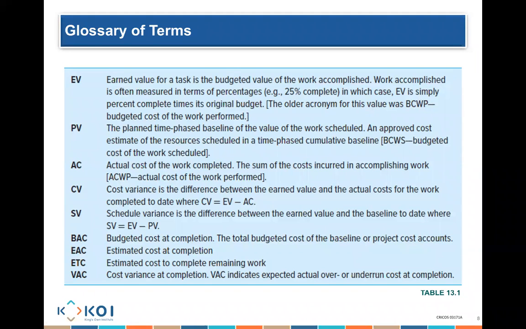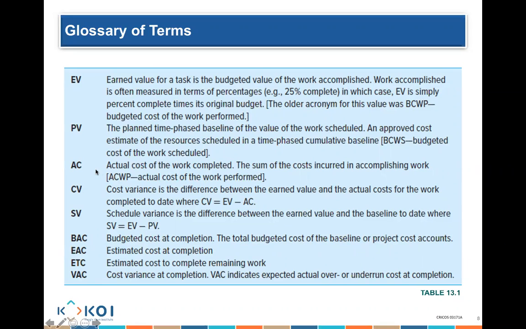And am I positive or negative in terms of the schedule variance? If I'm earning less than what I'm spending, obviously I am behind budget. If I'm earning less than what I'm planned to earn, then obviously I am behind schedule. So the plan is what am I planned to complete at any particular point of time.